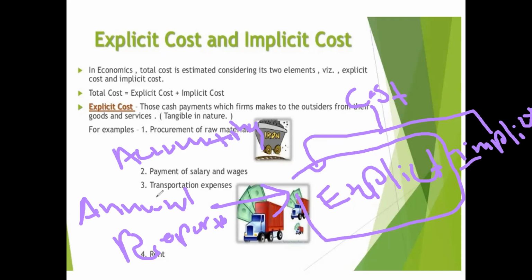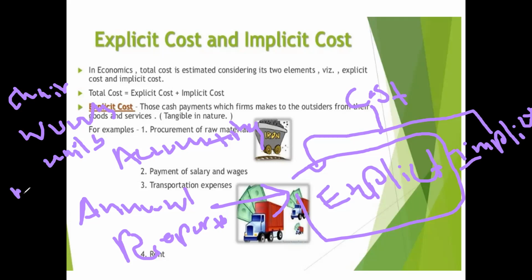Explicit cost means direct cash payments, that is, out of your pocket, that amount you have to incur, right? When you are preparing a chair, for that you have to purchase the raw wood. Then you have to purchase the nails to combine.